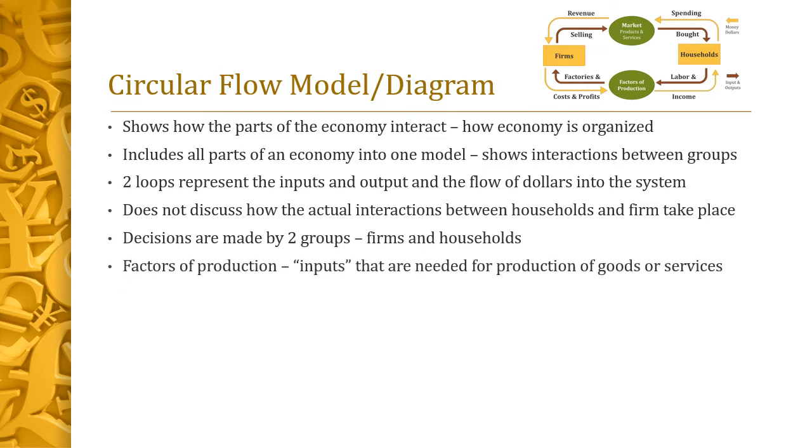Now, the factors of production, these inputs you might want to say, they almost always are the same three: labor, land, and capital. So if you get a question on that, it's labor, land, and capital. Just be careful about capital. Capital in this model is not money, but rather buildings and machines needed for production.